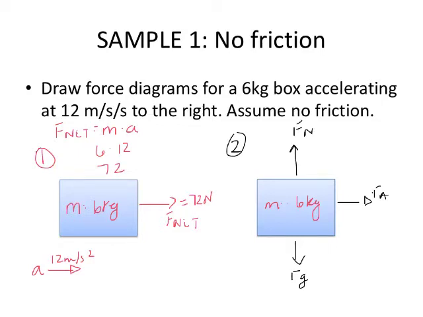And in this class, we're always just going to work with things that are on surfaces, so we know we'll have a normal force. Instead, assume no friction, so we don't need to figure out a frictional force. So to find normal force and force of gravity, you do the Fg equals mass times gravity, or 6 times 10, and you get 60 newtons.